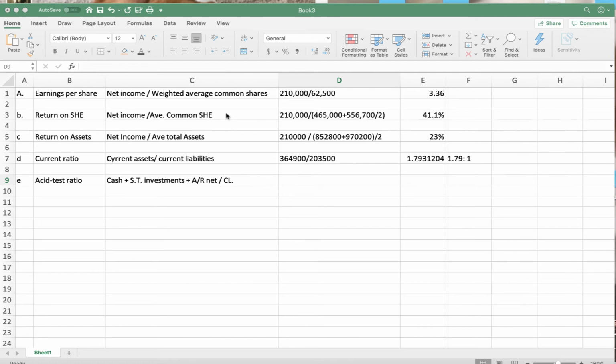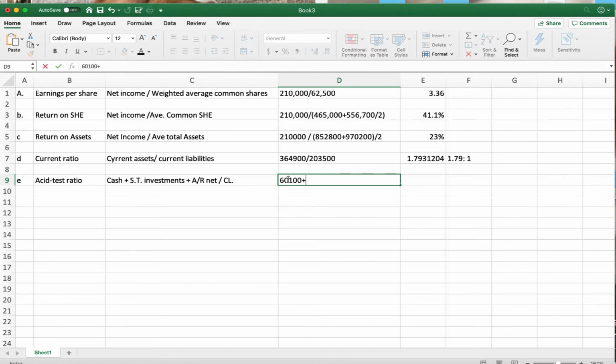There's an easier way to do it mathematically. And let me show you here. So 60,100 plus 64,000 plus 122,800. And I'm going to divide all that by my current liabilities, which is still 203,500.